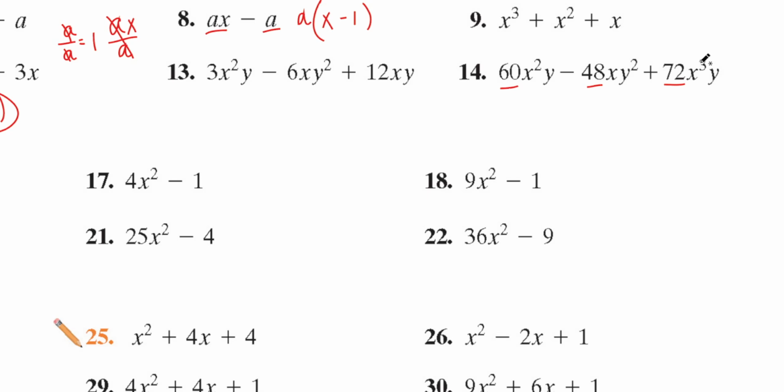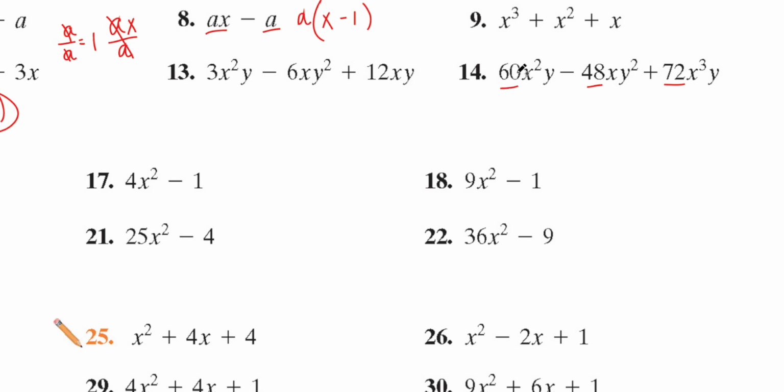If you know your multiplication tables, this shouldn't be that hard to do. 2 goes into everything, but it's not the biggest number. 3 goes into everything, but it's not the biggest. 6 goes into everything, but it's not the biggest. 12 divides into all 3 of those numbers.